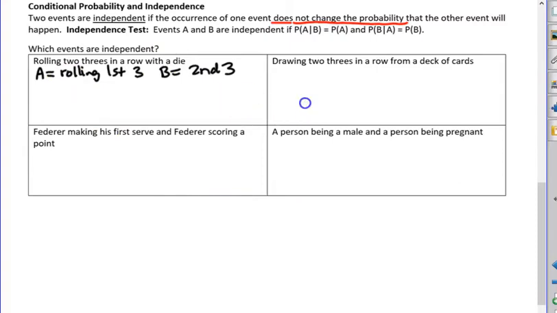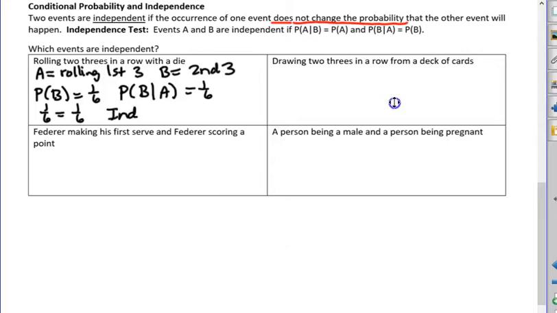If we just rolled a 3 by itself, the probability would be 1 out of 6. But what's the probability of B given A? In other words, what's the probability of rolling a second 3 given that I've already rolled the first 3? Well, you know that there's no difference. They are the same. Since 1/6 equals 1/6, these events are independent.